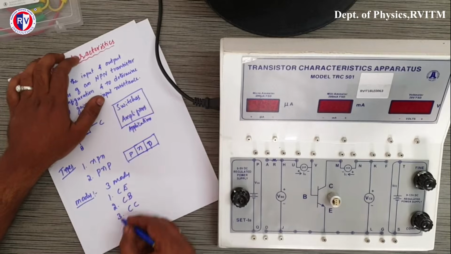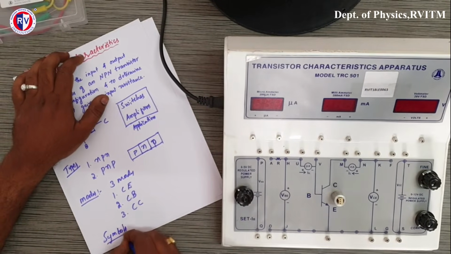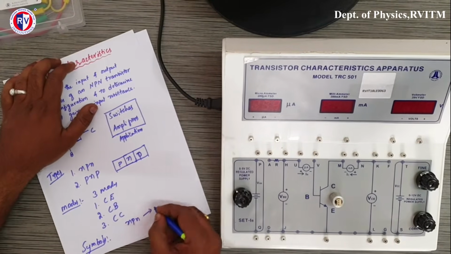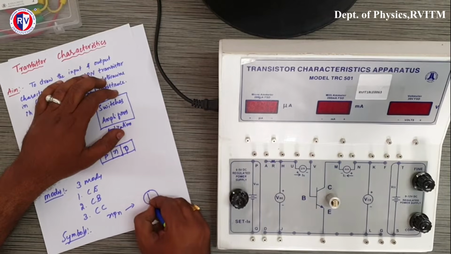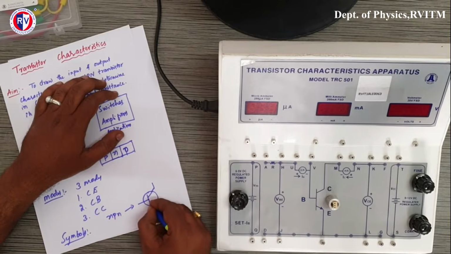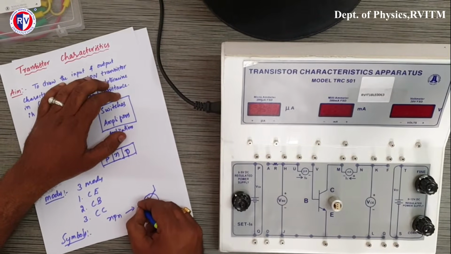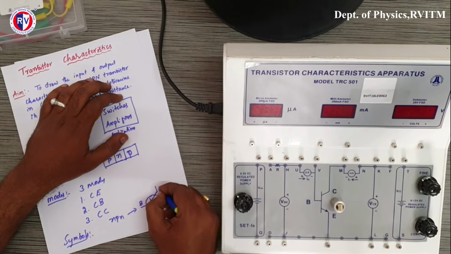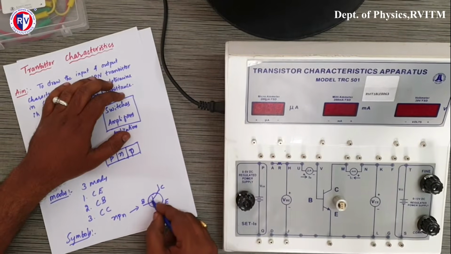Now what are the circuit symbols? An NPN transistor can be represented like this. This region is called the base, this terminal is the emitter, and this we call the collector. This is true for NPN and PNP.